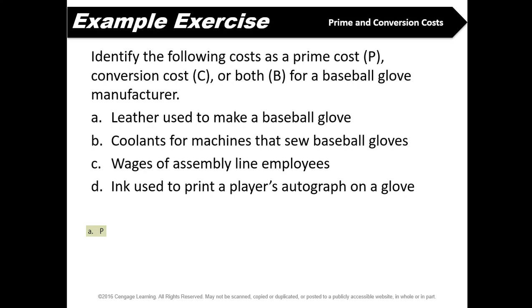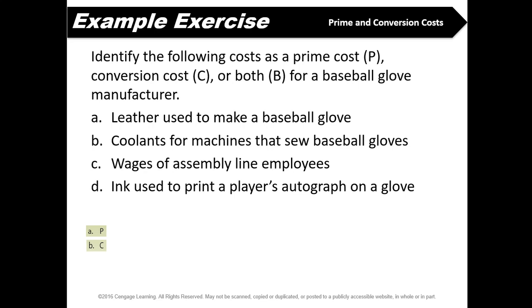Those coolants for the machines that sew the baseball gloves. That coolant, remember, we decided was an indirect material, which was overhead. So factory overhead is considered a conversion cost. The wages of the assembly line employees. Now, our assembly line employees are direct labor. Direct labor is both a prime cost and a conversion cost.